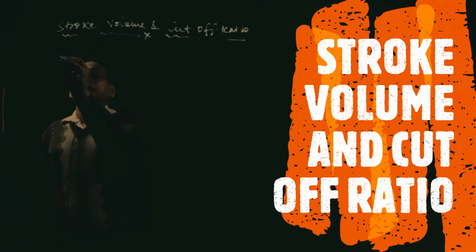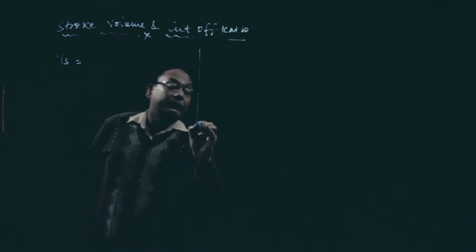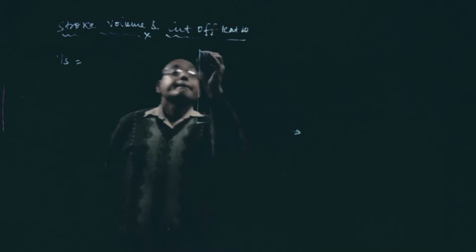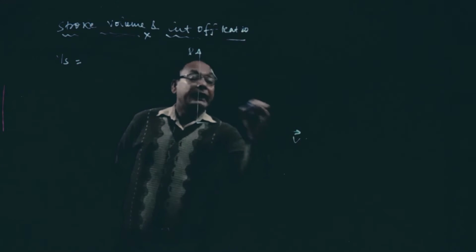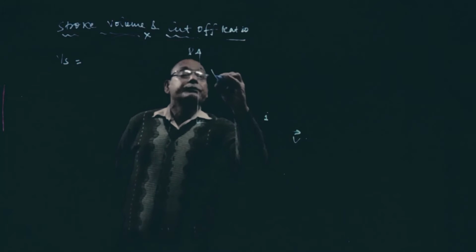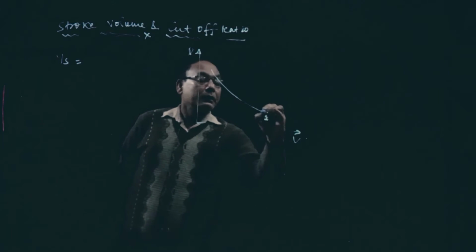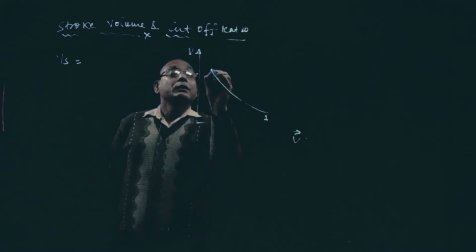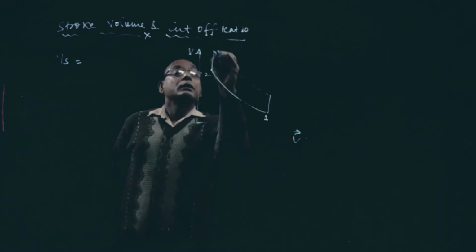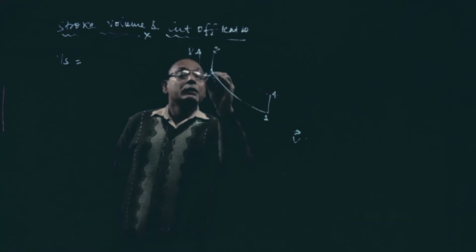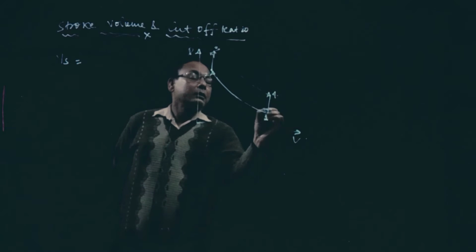See, how to find out the stroke volume. If you take the PV diagram, I am taking the example of the Otto cycle.